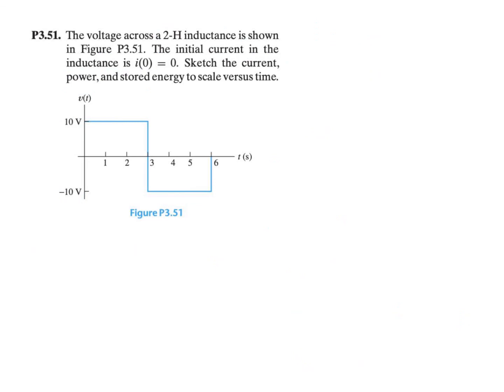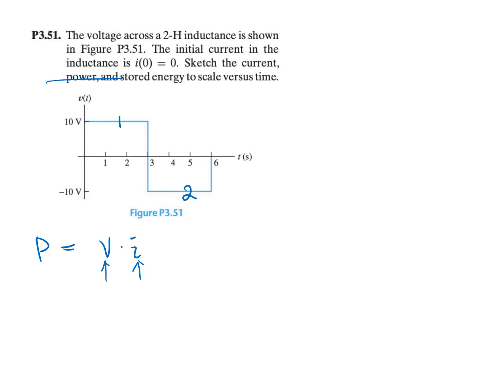Let's continue to sketch the power graph. The power graph is very similar, we know that P is equal to V times I. So we can find the V and the I for each stage and multiply them together. And according to the expression we found, we can draw the diagram.